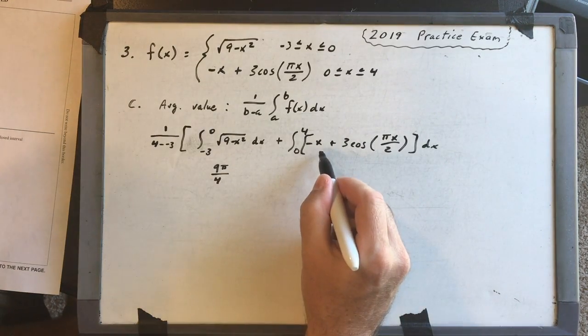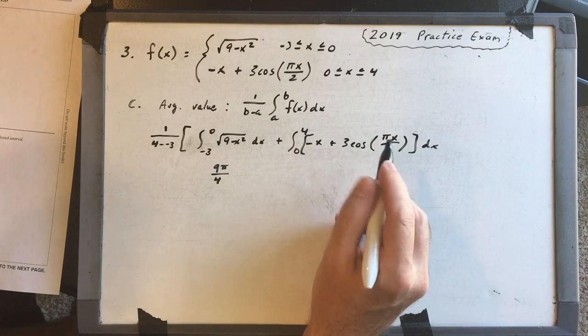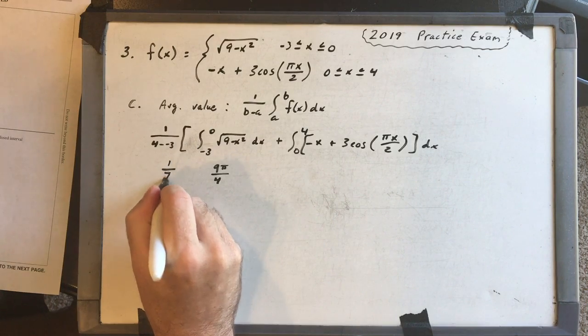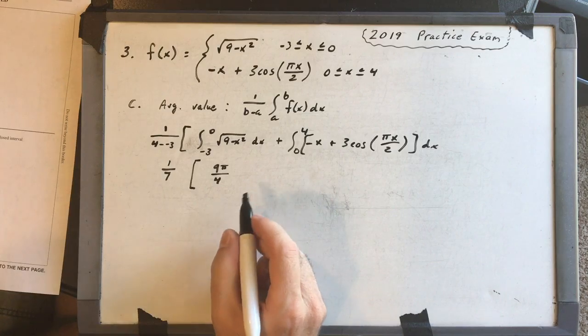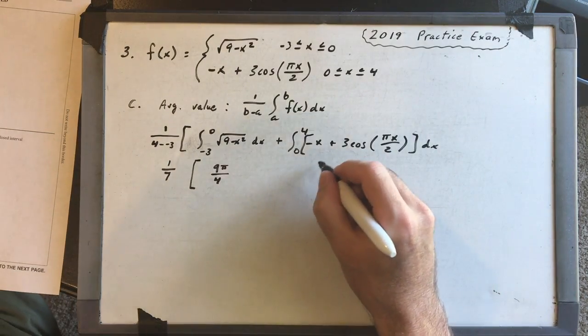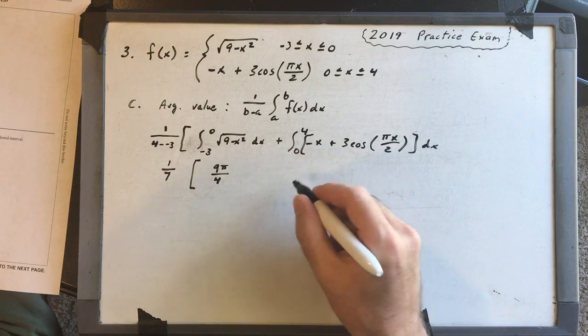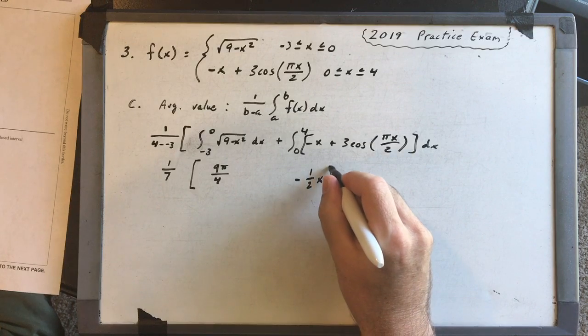But I do think they could give you one of this difficulty to do. So you've got 1/7 times 1 over 4 minus negative 3 times 9 pi over 4. And then let's go ahead and integrate this part. The antiderivative of negative x is negative 1/2 x squared.